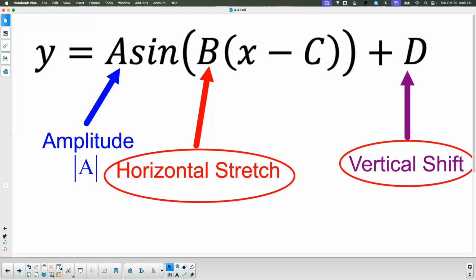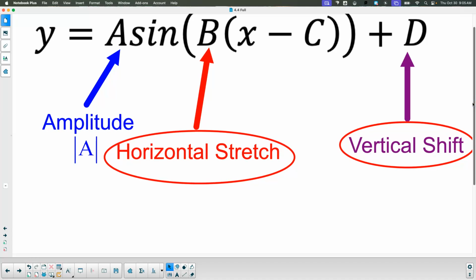Today we're going to focus in on the B value here. Now the B value is going to stretch our graph horizontally. But as I told my classes yesterday, start with the graph.